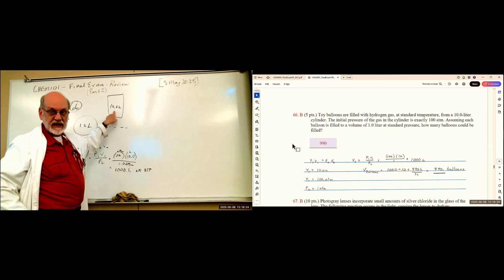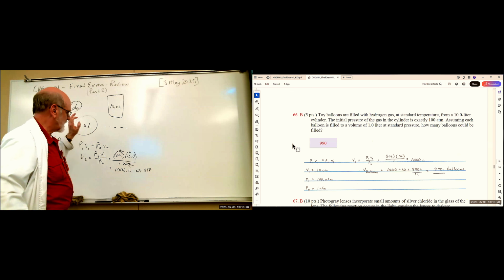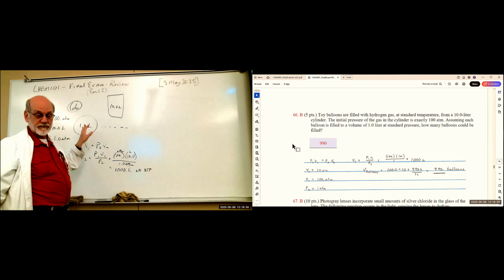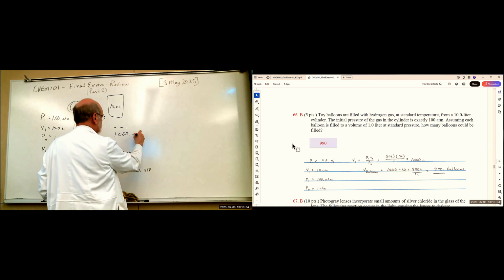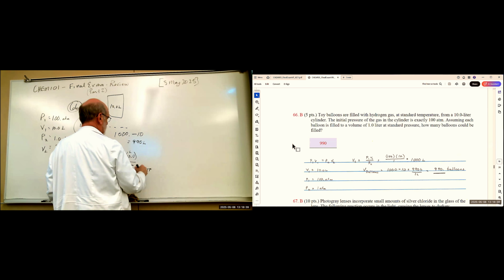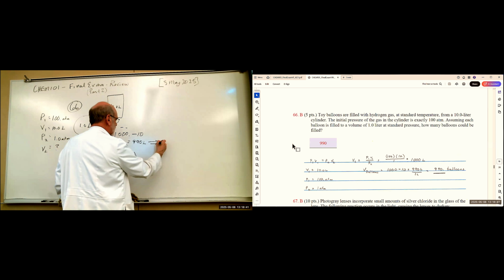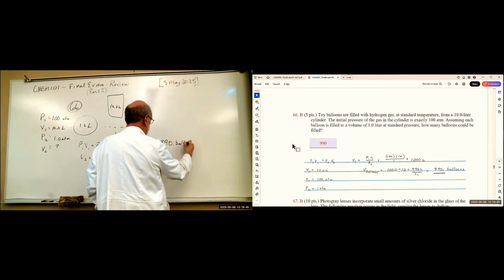That's gas that we can't use to fill balloons. So how much gas do we have that's available to fill balloons? We have 1,000 minus 10, or 990 liters, which implies 990 balloons.